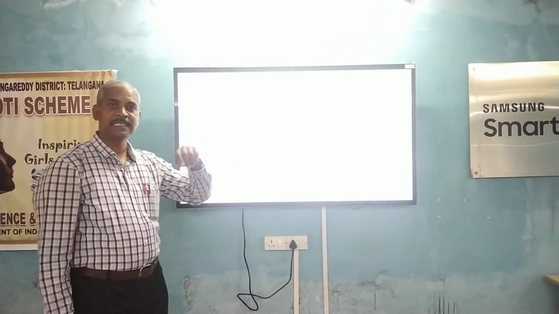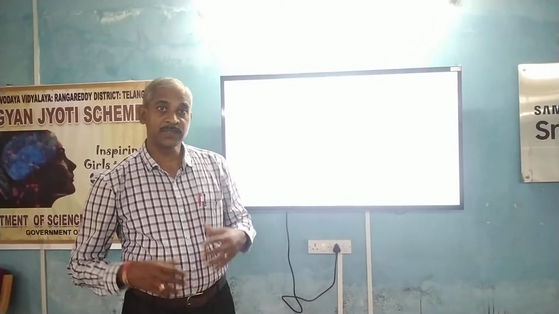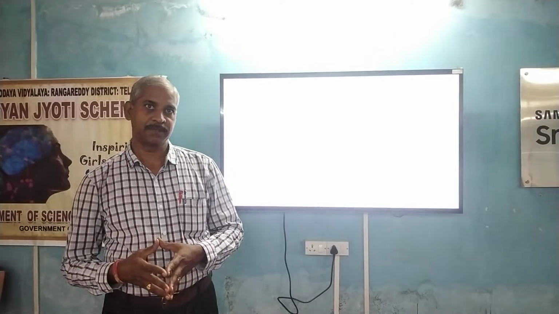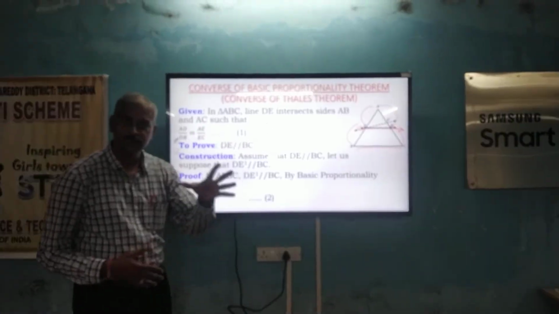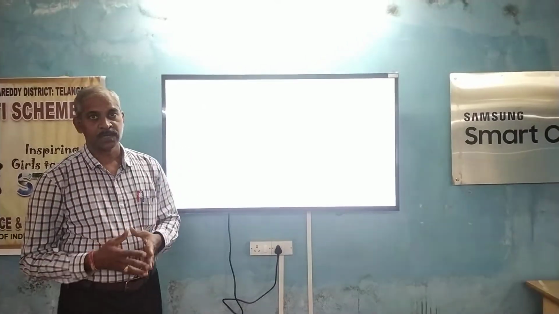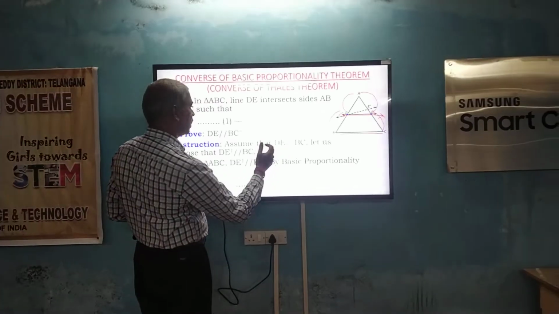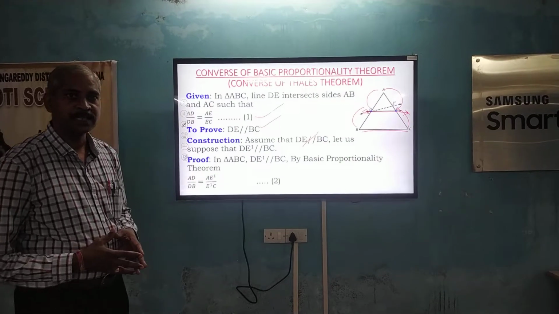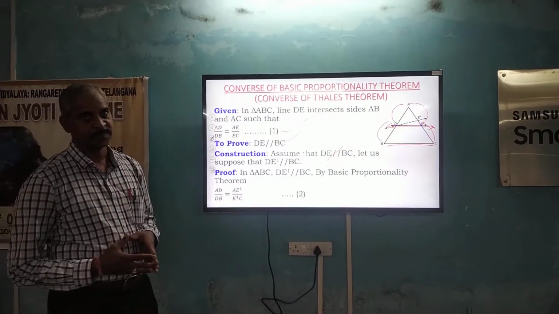We prove this theorem in a contradictory way, by using the contradiction method. What is this method? Here we have to prove that DE is parallel to BC. We assume that DE is not parallel to BC.